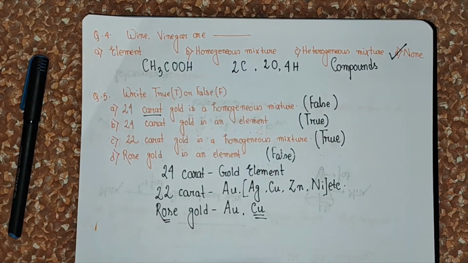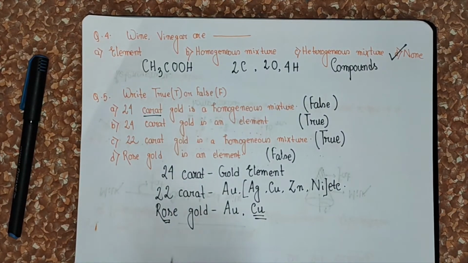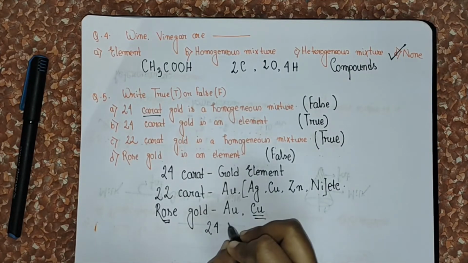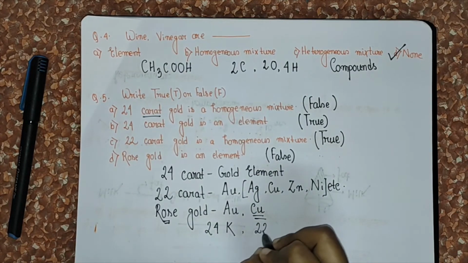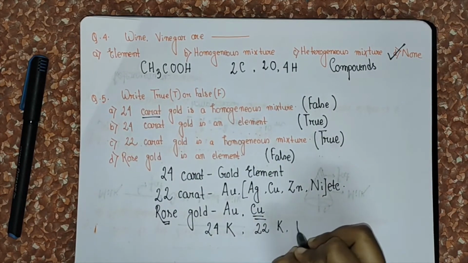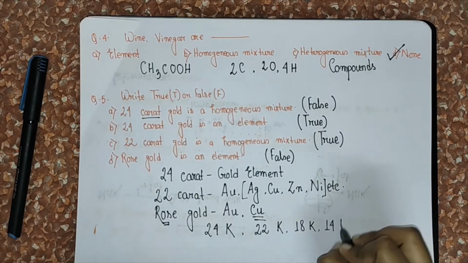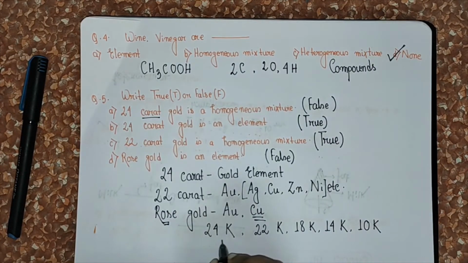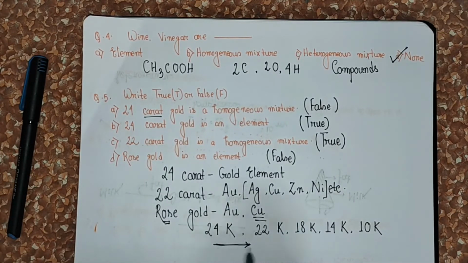Just now I told you that this carat unit indicates the purity of the gold. So the most pure form of gold is 24 carat. You may write karat or carat, this is the same. Next one is 22 carat gold, then 18 karat gold, then 14 karat and 10 karat golds are also available in the market. So 24 karat is the purest form, that means no impurities are present.